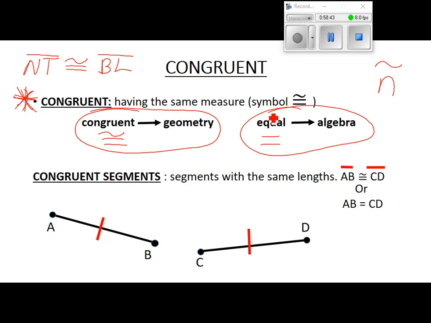So this is saying this segment's congruent to that segment. Another way that we could say it is without the symbols and say segment AB is equal to segment CD. If I want you to say that they're congruent, then I want that congruent symbol in there.